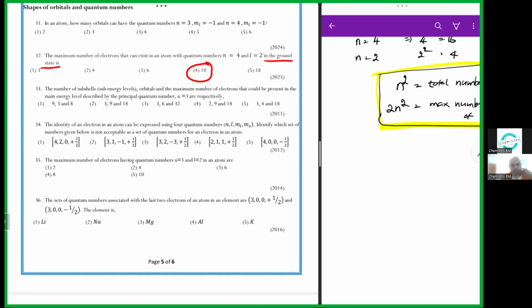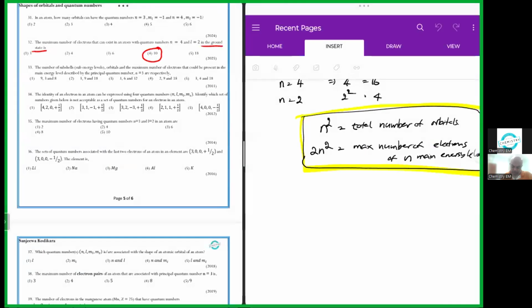Maximum number of electrons that can exist with the quantum numbers n equal to 4 and l equal to 2. When it comes to the 2014 question, the maximum number of electrons having quantum numbers 3 and l equal to 2 in an atom. Ground state, right? So, which means when n is equal to 2, right?